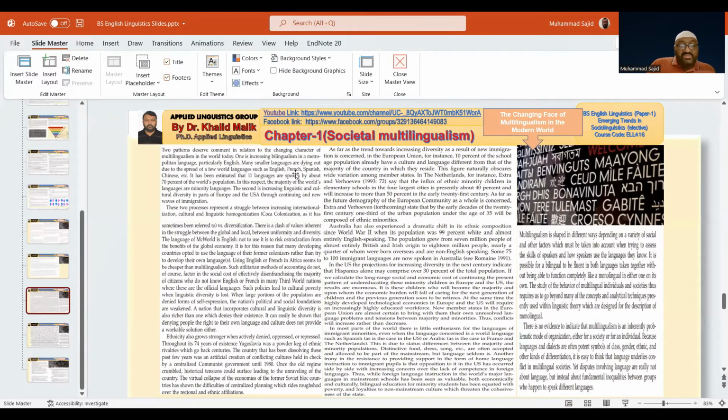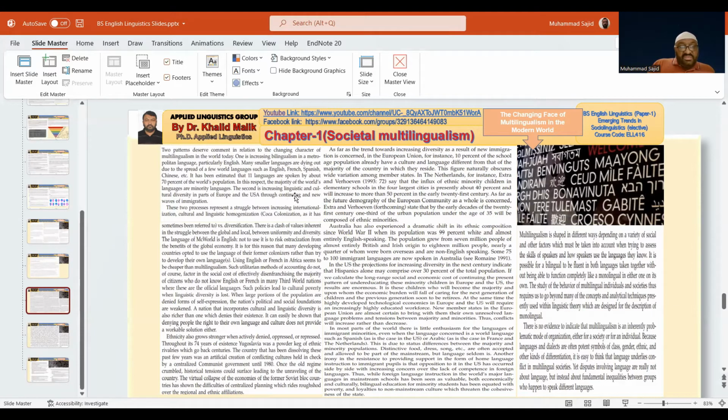Many smaller languages are dying out due to the spread of a few world languages such as English, French, Spanish, Chinese, etc. It has been estimated that 11 languages are spoken by about 70% of the world population. In this respect, the majority of the world's languages are minority languages. I mean, out of 11, all other languages are minority languages. Major 11 languages are being spoken in the world.